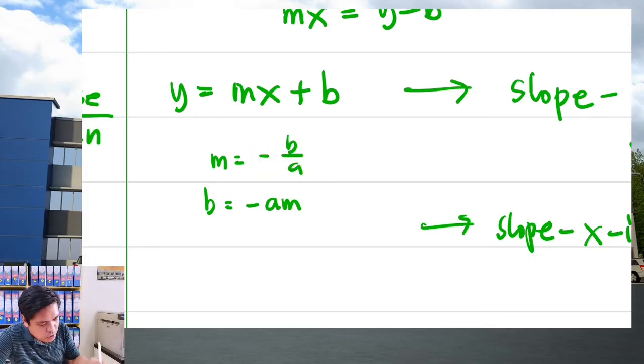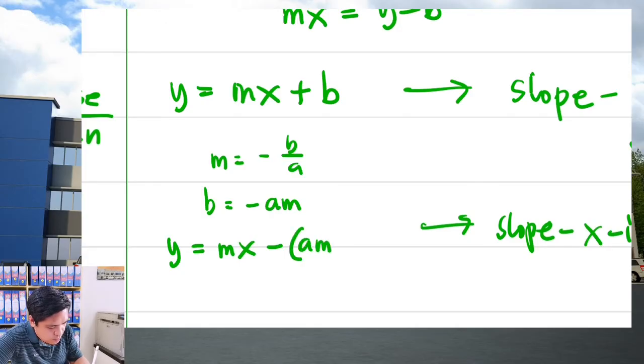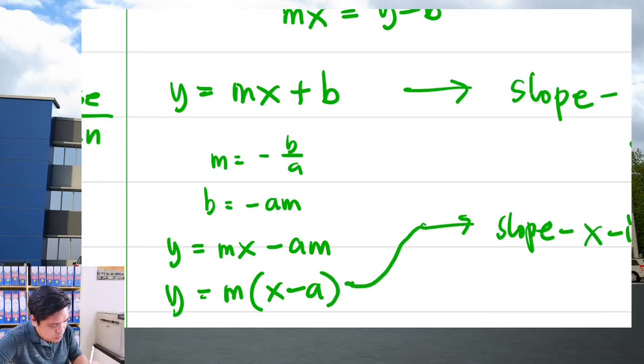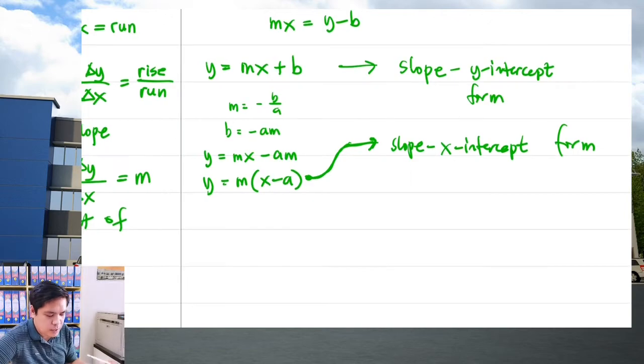So, substituting to this, that would be y is equal to mx minus b, which is am. Oh, sorry, negative am. Then factoring out m, that would become x minus a. So this is now the slope x-intercept form of the line. Y is equal to m times x minus a.